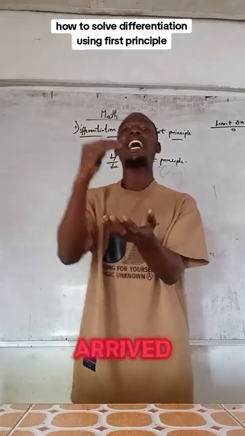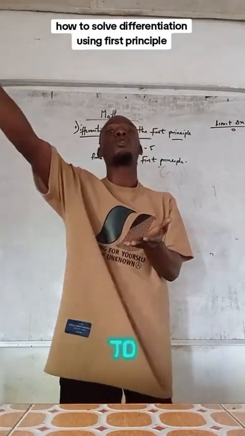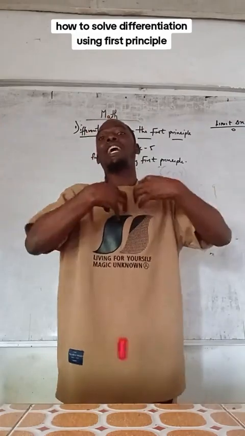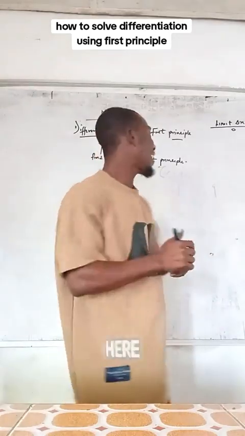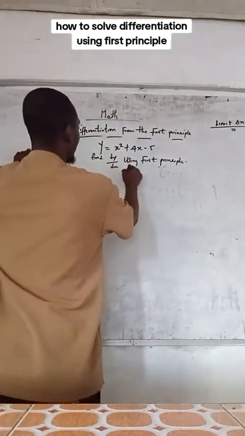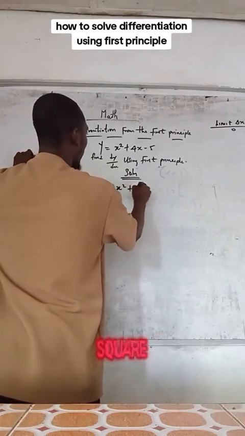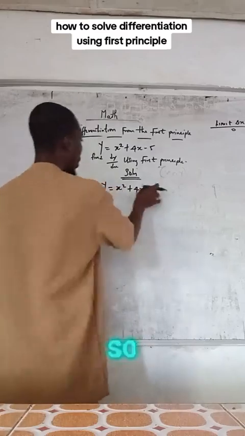So if I have arrived at a function that can lead to the slope, then I can find the slope at any point I am given. So here, I am given y equals x squared plus 4x minus 5. How do I find the slope?